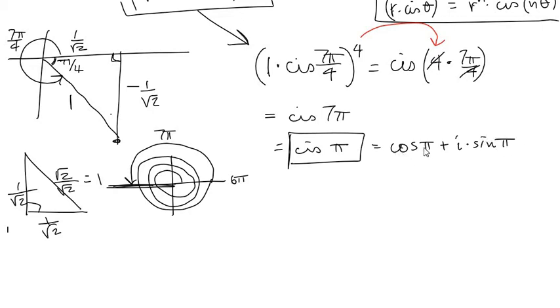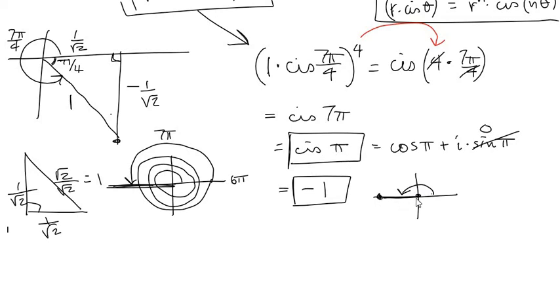And let's see, the cosine of pi is -1, and the sine of pi is 0, so we get -1 plus 0i. And by the way, instead of writing out what cis pi stands for, we could have just said 1 cis pi is the number that's got a modulus of 1 and is on the terminal side of the angle pi.